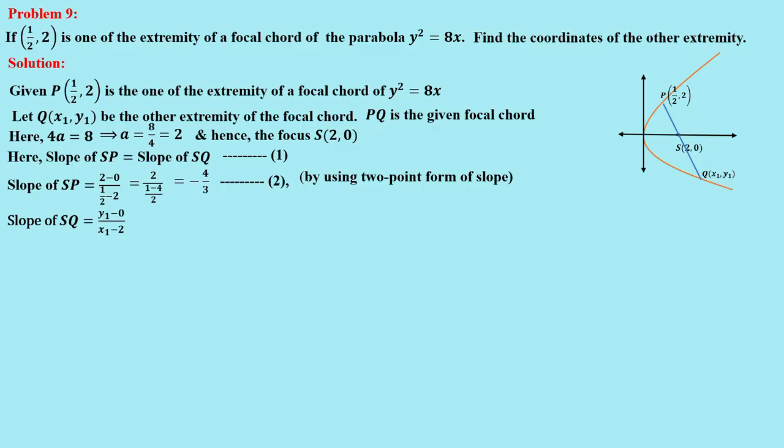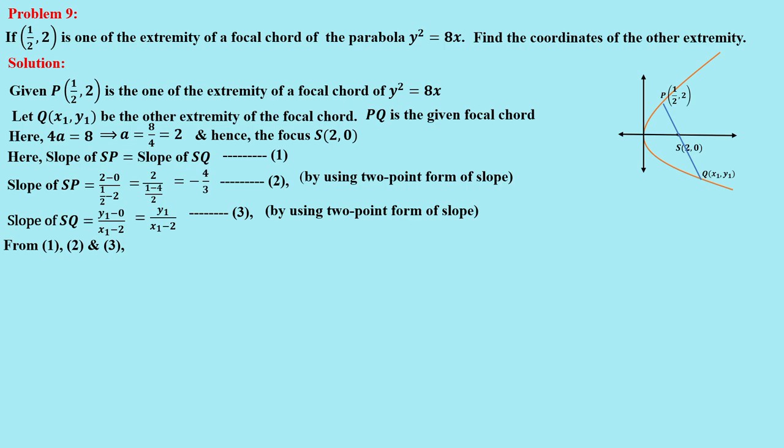So from 1 and 2 we will get slope of SQ. Actually we are taking (x1, y1) and (2, 0), the two point formula again. So from the formula you will get slope of SQ is equal to y1 minus 0 by x1 minus 2, right? That is y1 by x1 minus 2. That is equation number 3 by using two point formula.